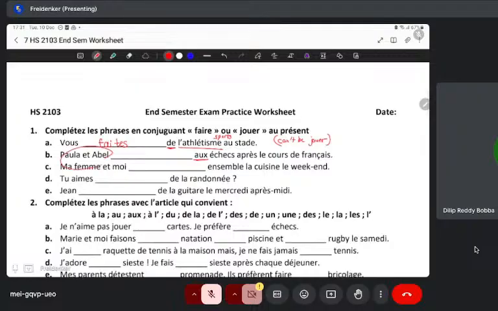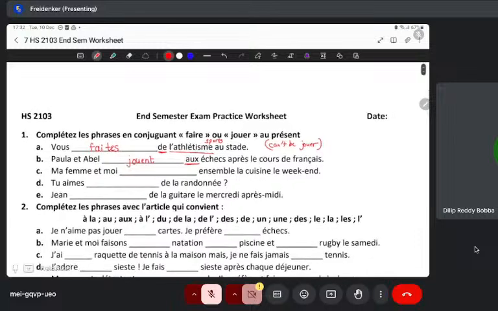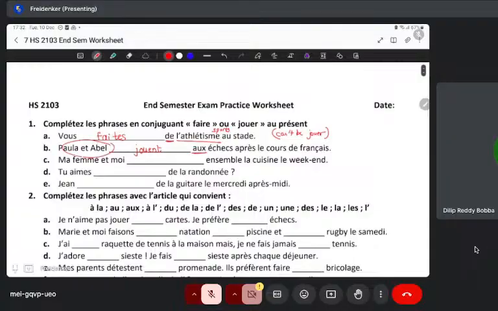You have two people, so plural, third person plural. I'm replacing this with ils, because girl, boy, whatever it is, if there is a group of girls and boys, I can replace it with masculine plural. And ils will take this one in conjugation. Jouer will become this one. Faire will not come because faire doesn't take aux and all. So they play chess. Nice.